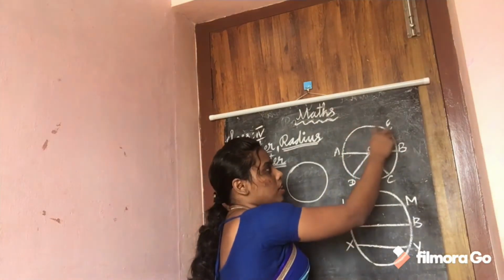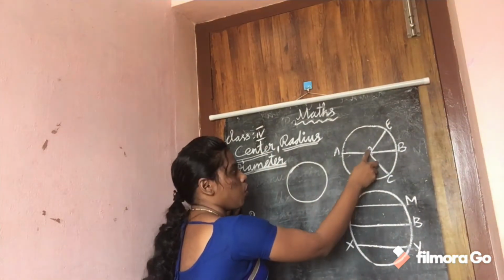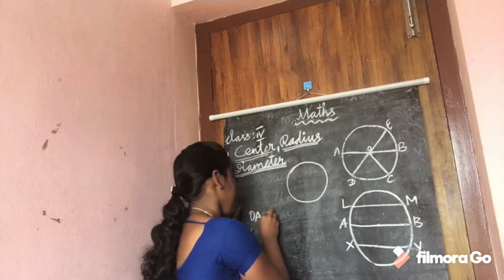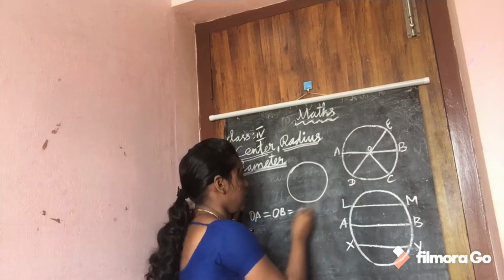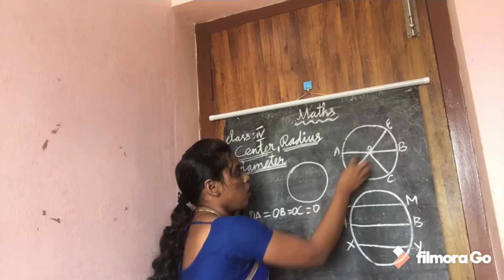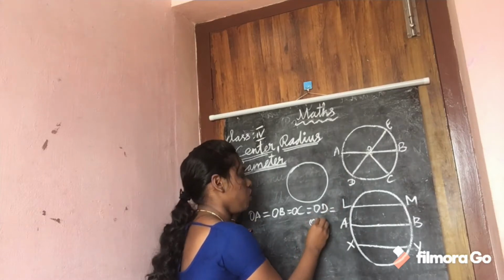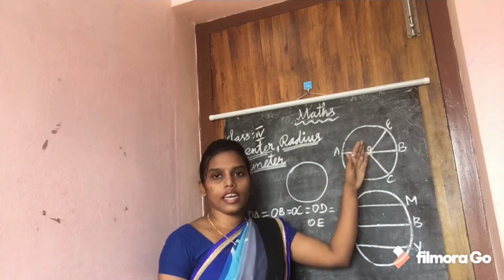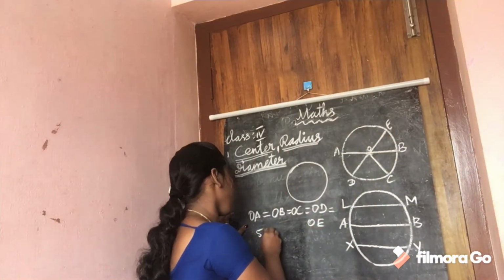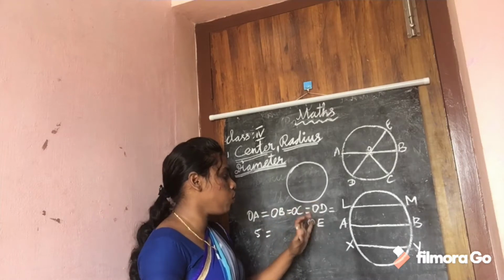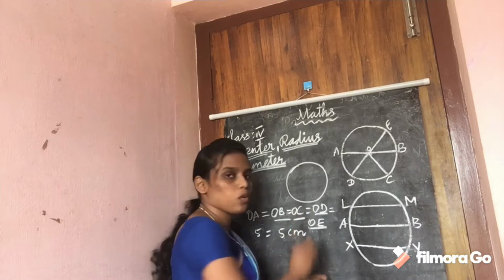OA equals OB equals OC equals OD equals OE. So if OA equals 5 cm, then OB, OC, OD, OE are also 5 cm.